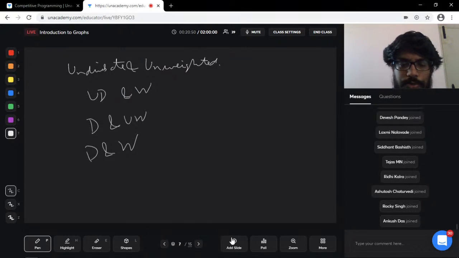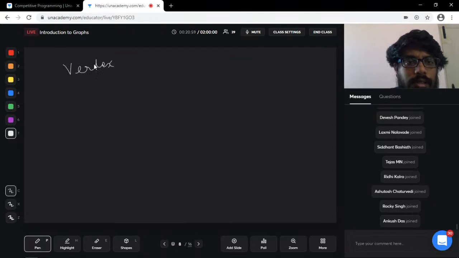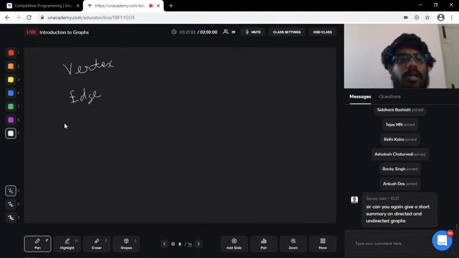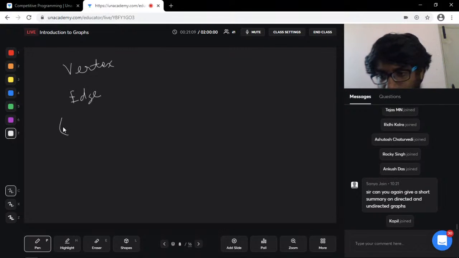Now we'll get to some more definitions. Till now the main definitions we've seen are those of vertex and edge. Directed graphs are graphs in which the edges have a direction.